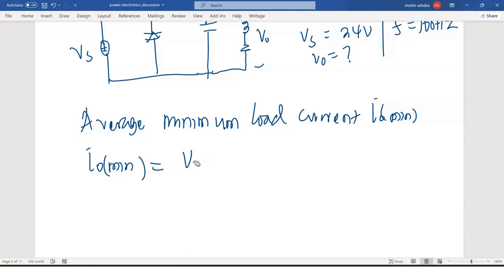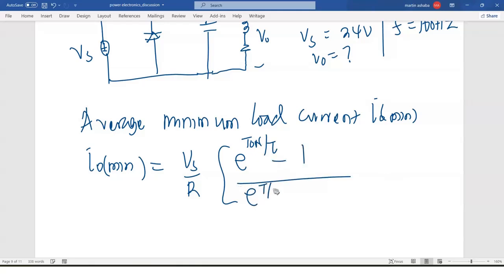This is equal to Vs out of R into exponential of T on divided by tau minus 1 divided by exponential of time period divided by tau, which is the time constant, minus 1, then minus E out of R.